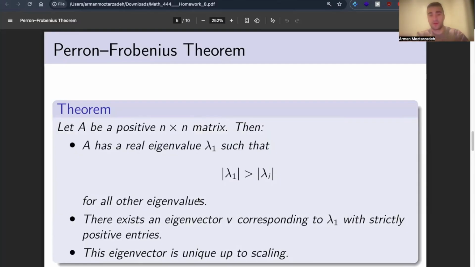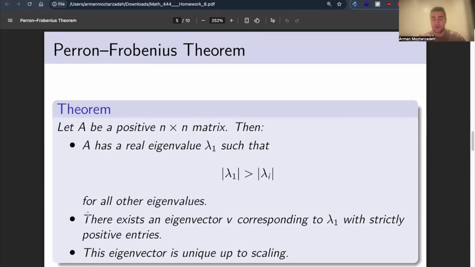Now we can state the Perron-Frobenius theorem. Suppose that A is a positive square matrix, and we can actually tell three important things from this theorem. The first thing is that the matrix has a real eigenvalue, lambda 1, whose magnitude is larger than that of all the other eigenvalues. We call this the dominant eigenvalue.